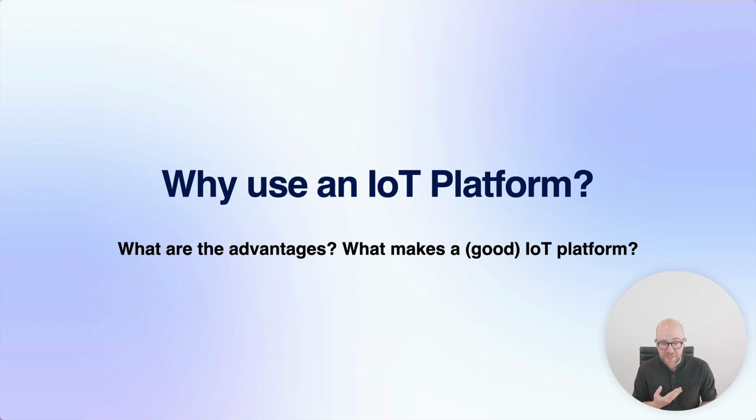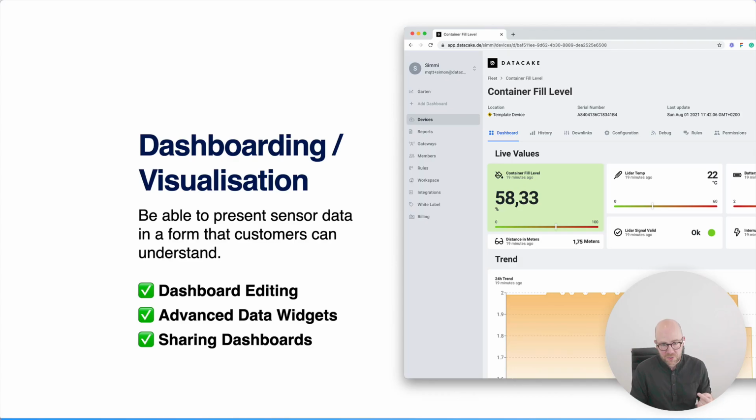So let's talk a little bit about why use an IoT platform, what the advantages are and what makes a good IoT platform. I'm showing you a few examples with the Datacake IoT platform, but they are valid for all available IoT platforms out there. So first of all, the main part of the IoT platform is visualization: making your sensor data visually available for you, for viewing the data on a nice dashboard.